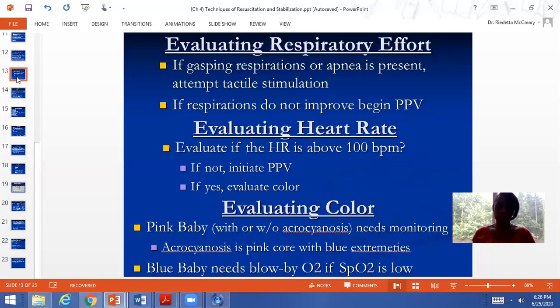Blue babies, however, meaning they are blue from head to toe, need some supplemental oxygen, obviously, if their saturation is low. Here's the thing. You can have blue babies, but because of the anatomical malformations on the inside, they may be able to keep their sats up.